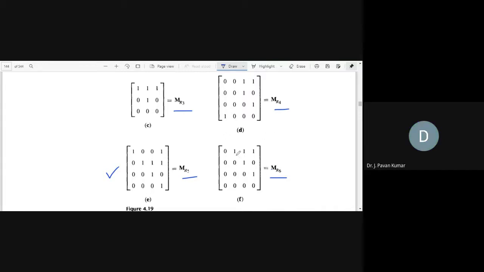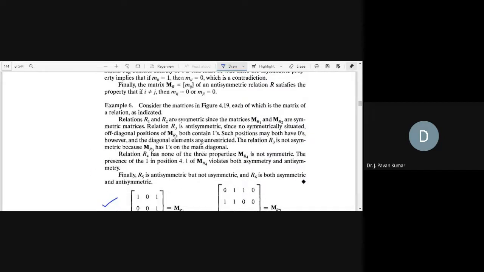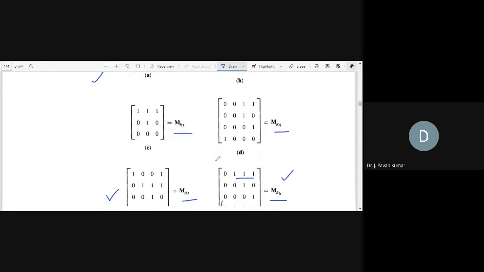Why? Because wherever we have ones, correspondingly we have 0. That is sufficient to claim that it is asymmetric. Like that, given a matrix representation of a relation, we can identify whether it is symmetric, asymmetric or antisymmetric. Please go through the description here so that you will get more idea about this.